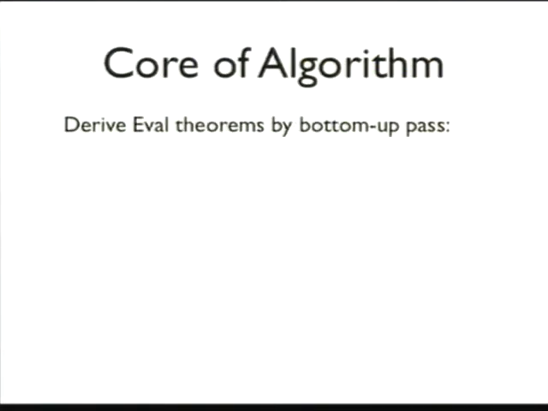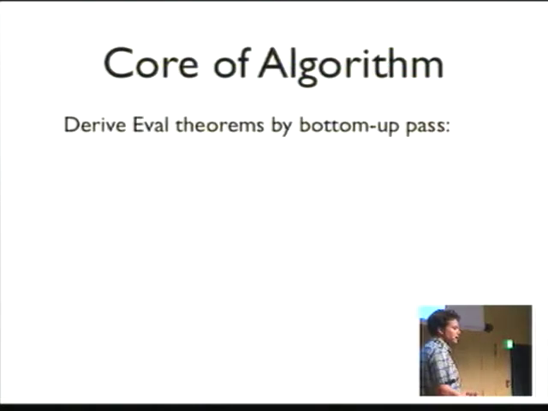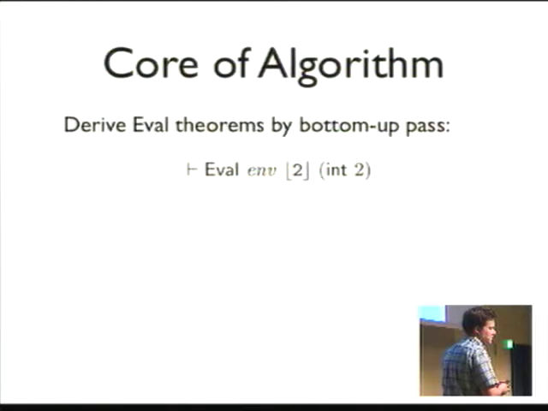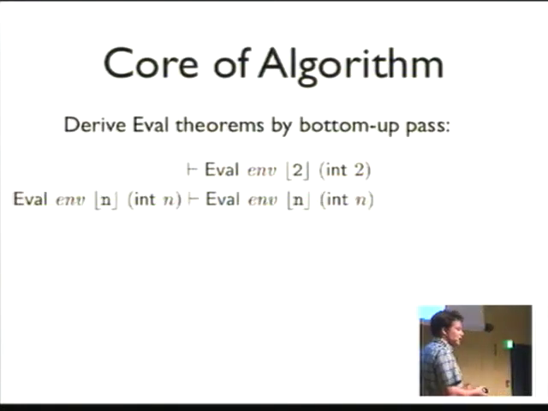So the core idea behind the algorithm is that you perform these derivations of eval theorems in a bottom-up manner. You start, for instance, at the leaf. You could have 2 there, so that's just a theorem on its own. You can have n, which in this case is just a statement saying that n is bound to an integer in the environment.